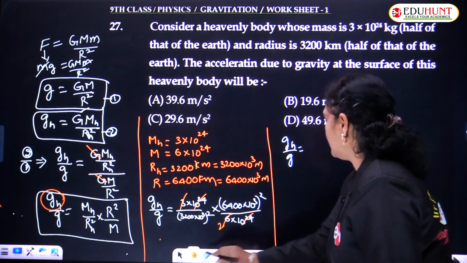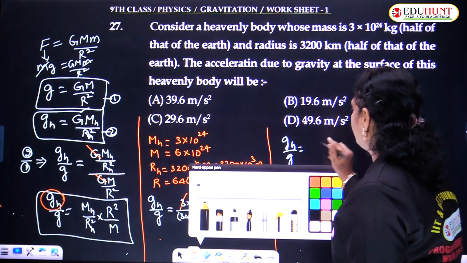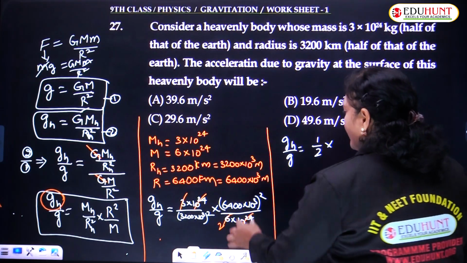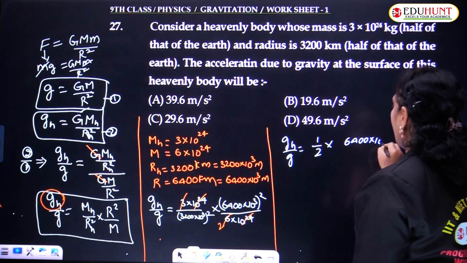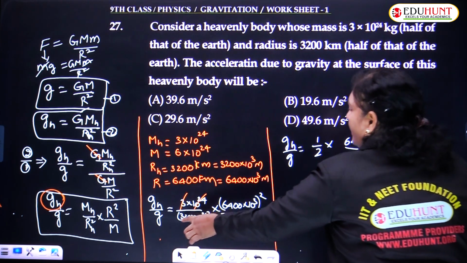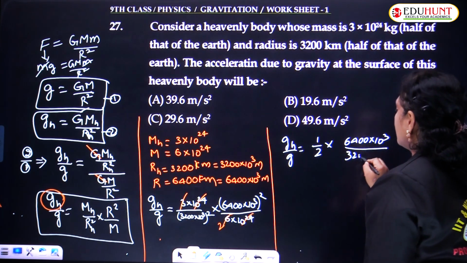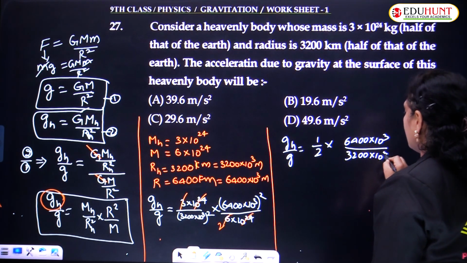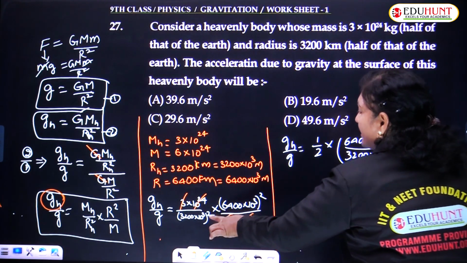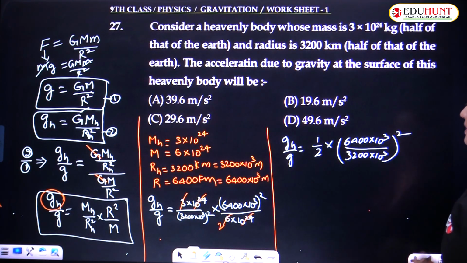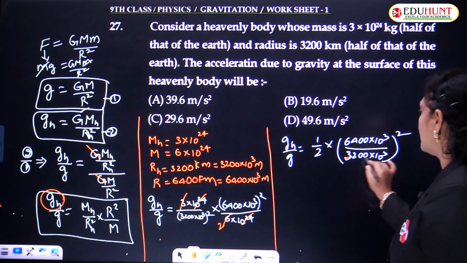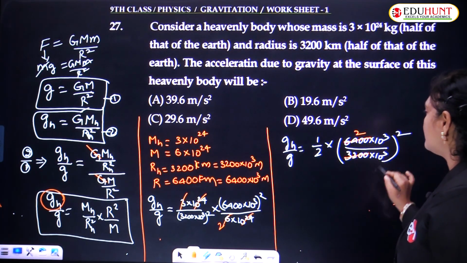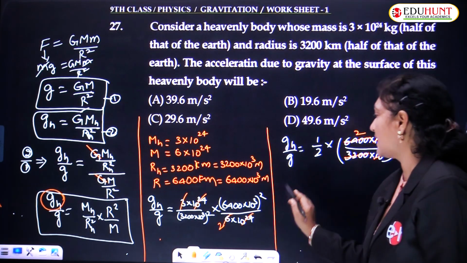So what are you left with? 1 by 2 multiplied by how much here you have? 6400 into 10 power 3 upon here how much you have? 3200 into 10 power 3. For this also square is there, for this also square is there. Overall I am taking it as square. So now the last simplification, this 3200 goes 2 times, 10 power 3 gets cancelled.